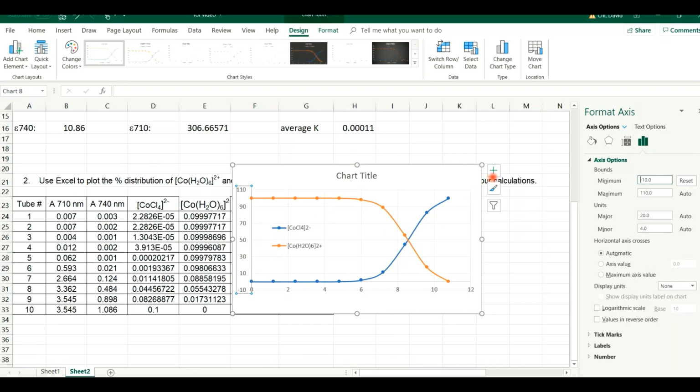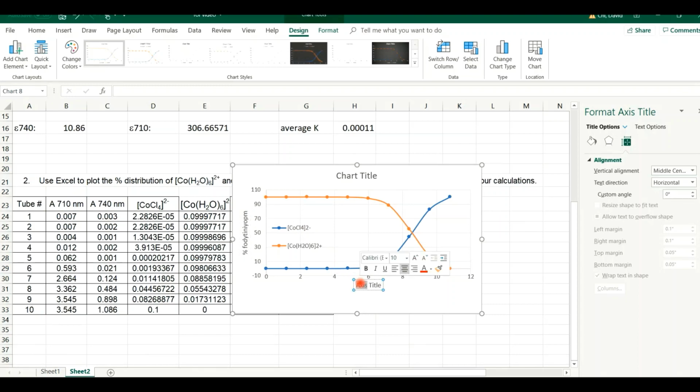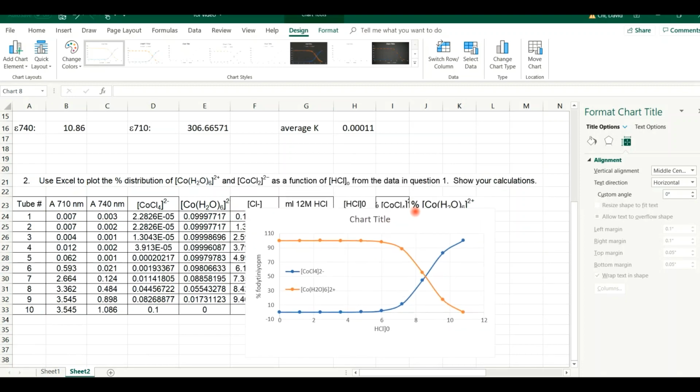And let's add axis titles. The y-axis is the percent distribution. The x-axis will be the initial hydrochloric acid. And let's go here.